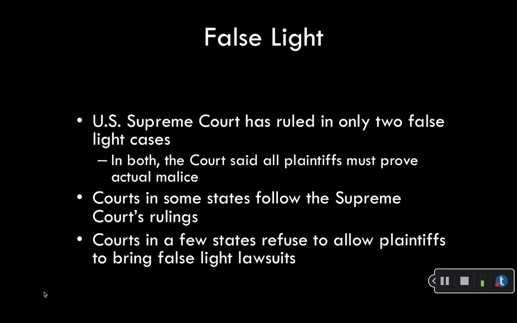Most authorities tend to think that the Hill ruling will stand as law in most jurisdictions. You have to show actual malice, knowledge of falsity, or reckless disregard for the truth.